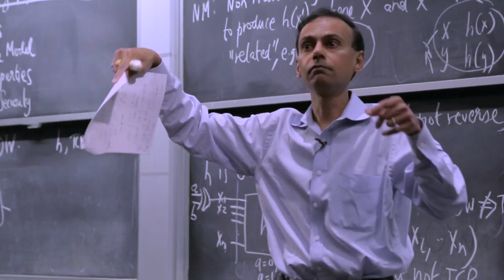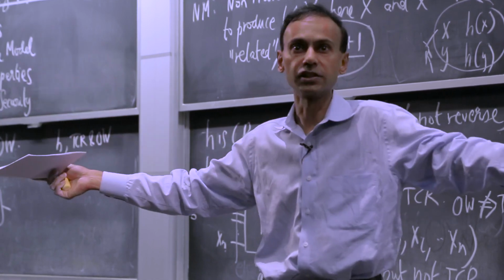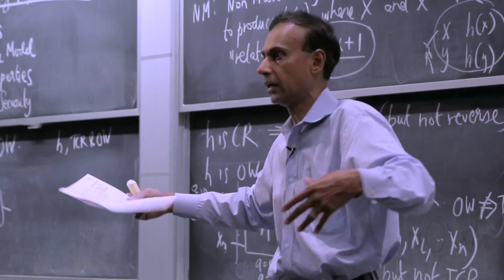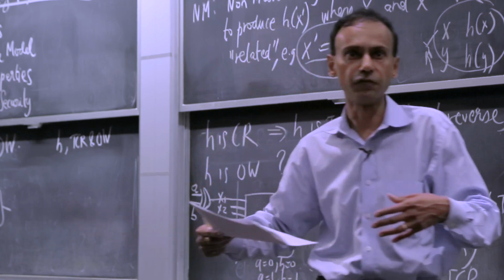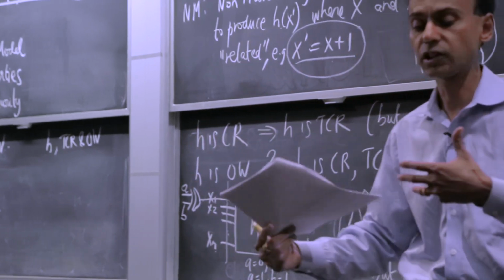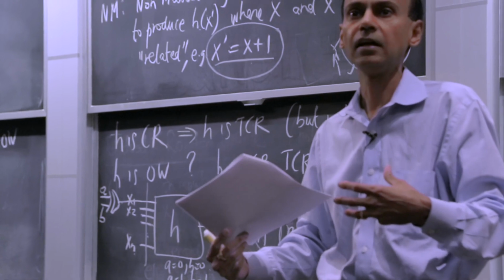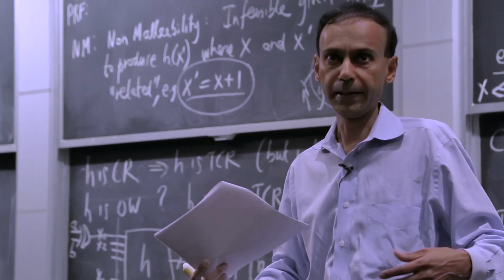Oh, now I know, given h of x, I know what x is. I mean, you can't do that, right? So that's not breaking the one-wayness of it. It's when you have an h of x and this is the first time you've seen it, you're trying to find what x is, right?